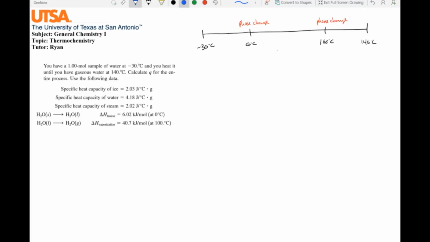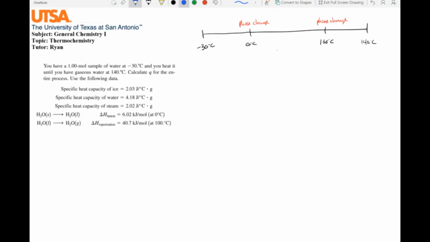Once the phase change occurs, which is at 0 degrees Celsius, water starts to fuse, going from a solid to a liquid, and at 100 degrees Celsius, water starts to boil, going from liquid to a gas.